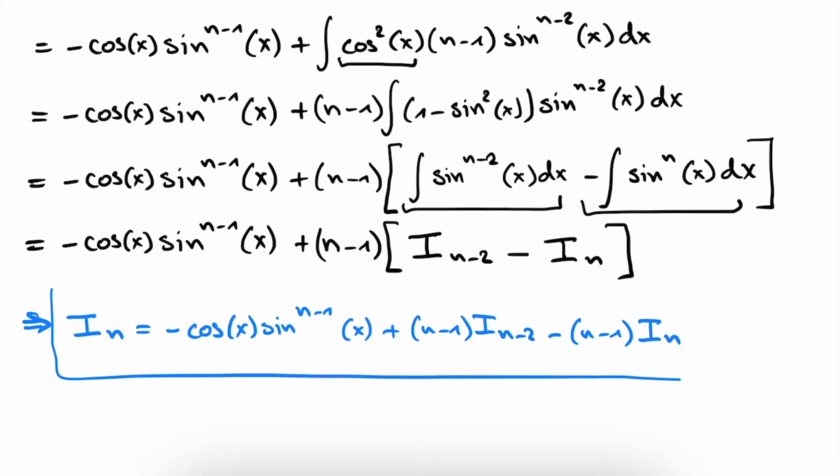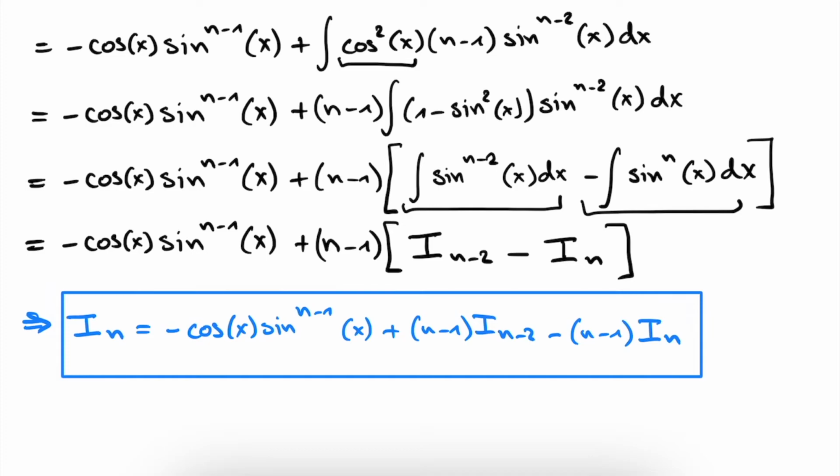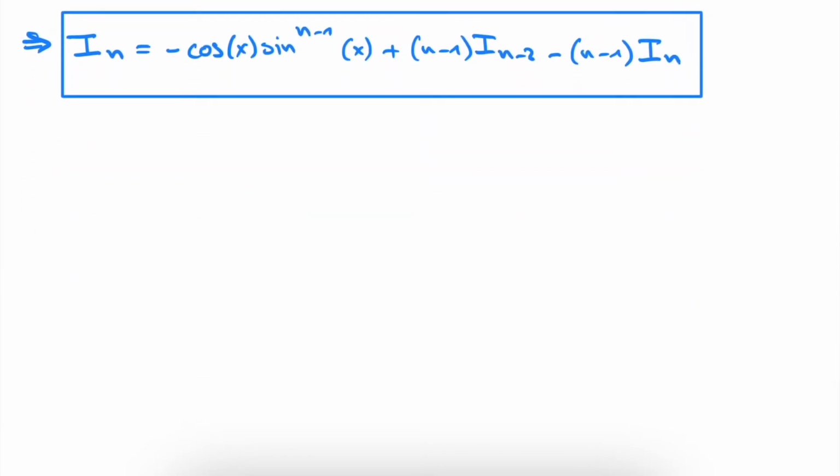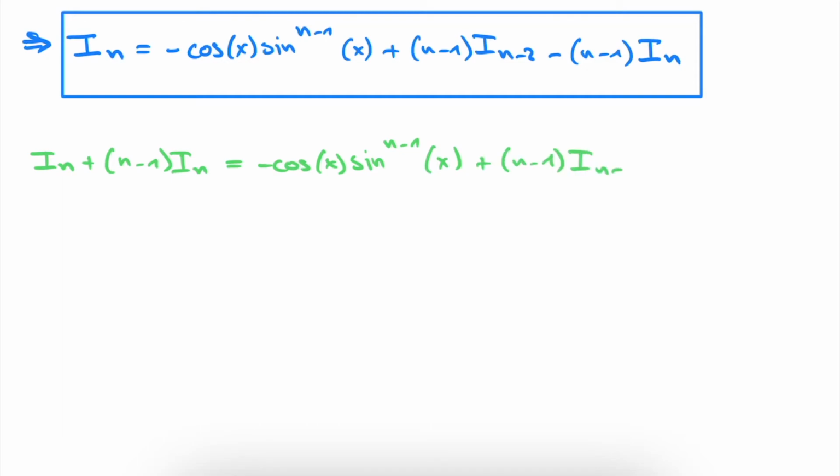And this is now an equation that we will rewrite a bit in order to get a formula that In is equal to something. So let's do some basic manipulations right now. What we will first do is get this term with a minus sign in front of it to the other side of the equality sign. So we get In plus n minus 1 times In is equal to minus the cosine of x times the sine to the power of n minus 1 of x plus n minus 1 times I n minus 2.